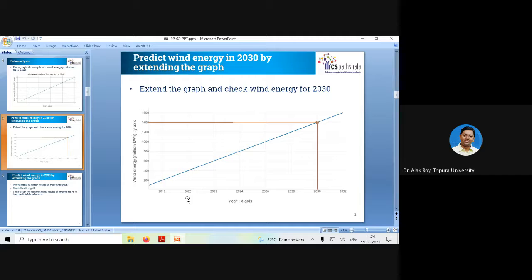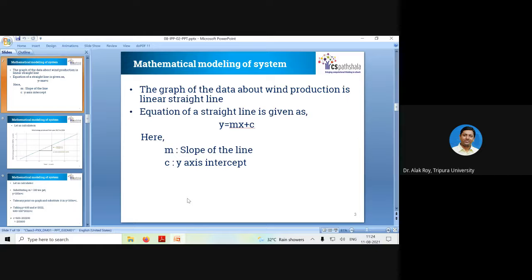The graph is flowing in a linear direction, and a class 8 student should be able to predict the next value depending upon the graph. Or mathematical modeling of a system, like the graph of the data about wind production is a linear straight line. So the equation followed is y equal to mx plus c, where m is the slope of the line and c is the y-axis intercept.